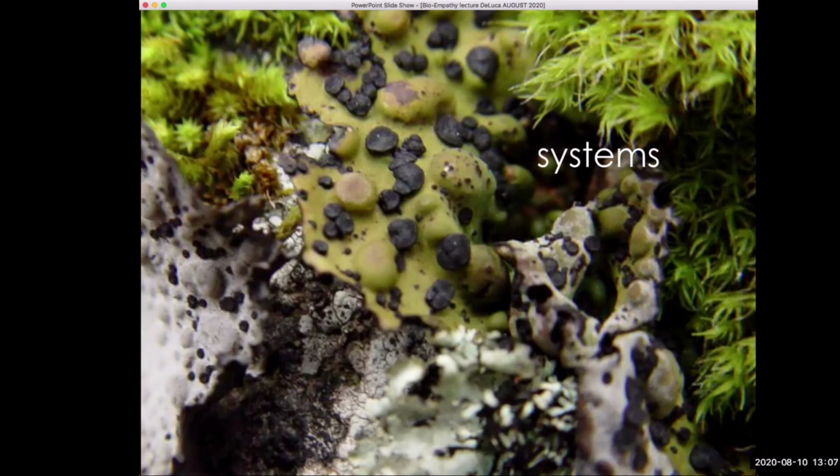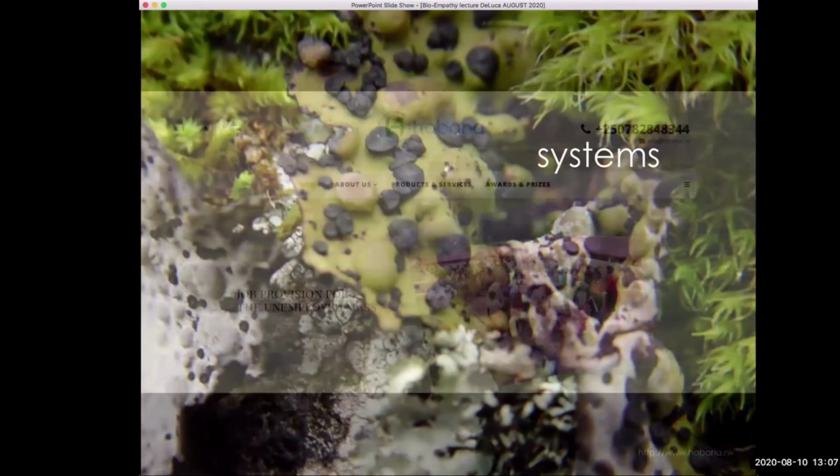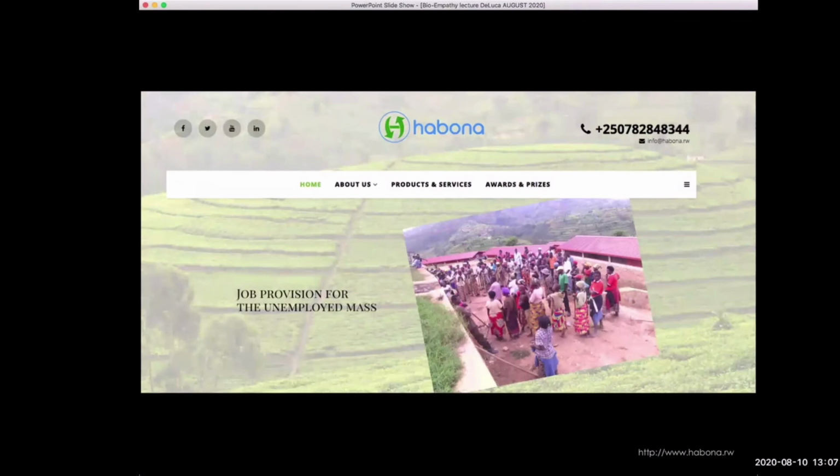And again, instead of trying to do everything yourself, if you can leverage the system to get things done, or pull from the system to have your functions performed, then you use a whole lot less energy and resources, and you form these wonderful relationships and interrelationships with your system, your community, and with nature. One example of this is Habona, and again, you can look that up.